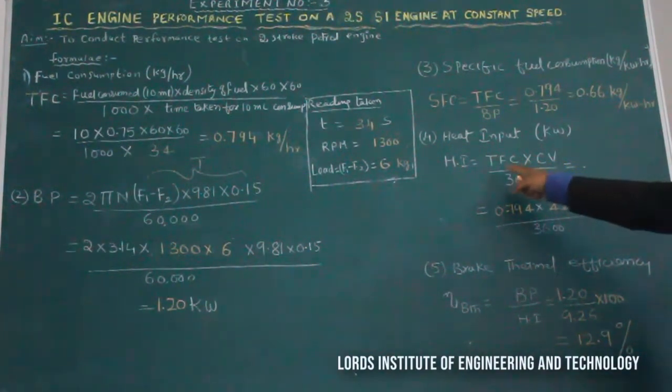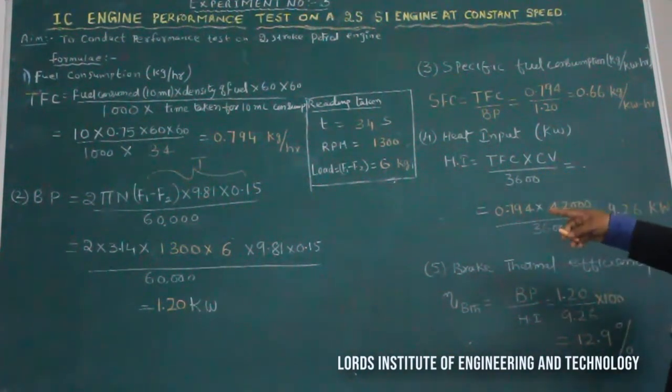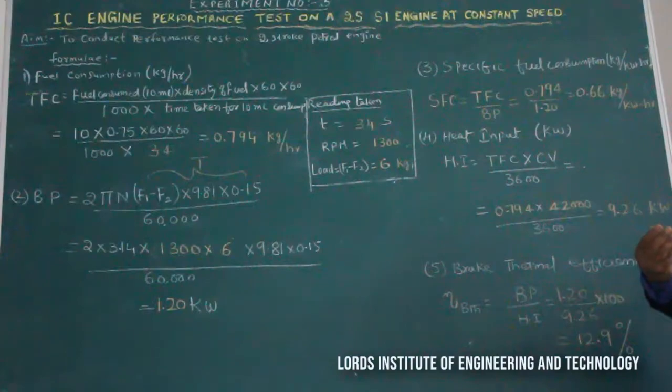Okay. So now total fuel consumed is 0.794 into calorific value. In the last class also I told you what calorific value is. Calorific value is the heat energy which is available when we burn 1 kg of fuel. This is what we are burning here, we are burning the petrol.